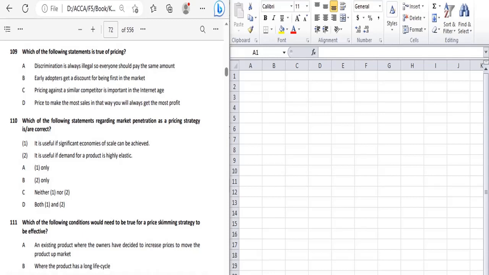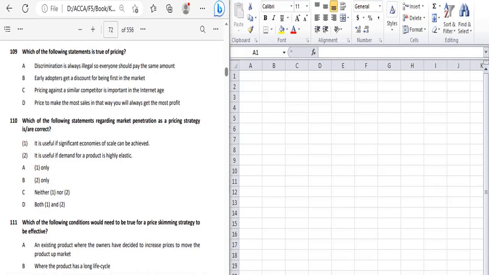The second is to discourage new entrants from entering the market. Third, significant economies of scale can be achieved, and last, demand is highly elastic, so it would respond well to a low price. These are the four circumstances described in the book, and two of them have been given as options in the question.